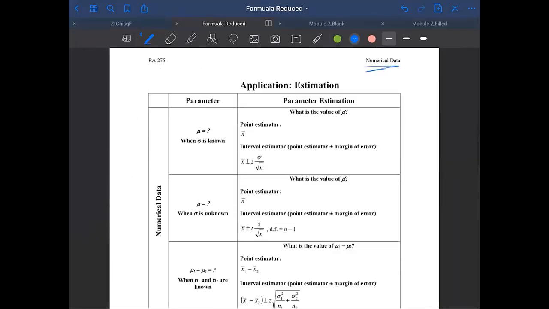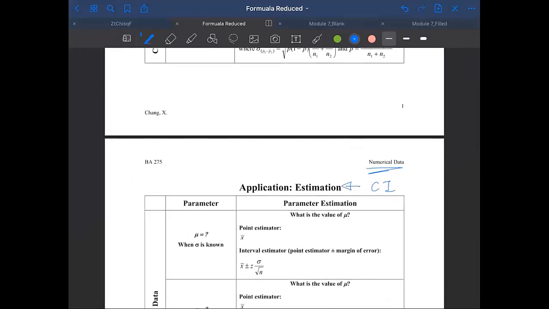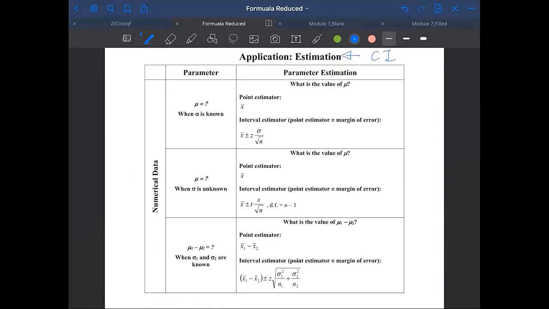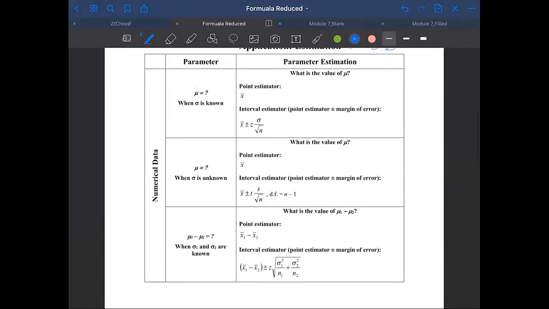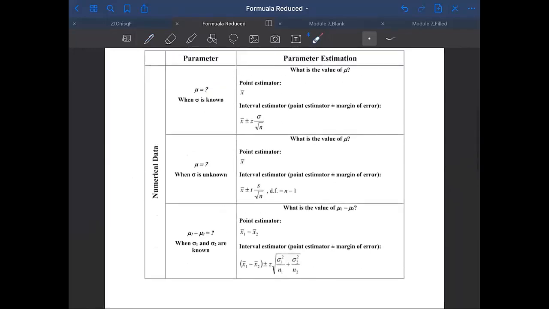That means we are dealing with confidence intervals, the CI problems. All the formulas are here, and you don't have to memorize them. Hopefully you are able to see there's a very standard pattern of how we are dealing with these questions. They are very much related, right?